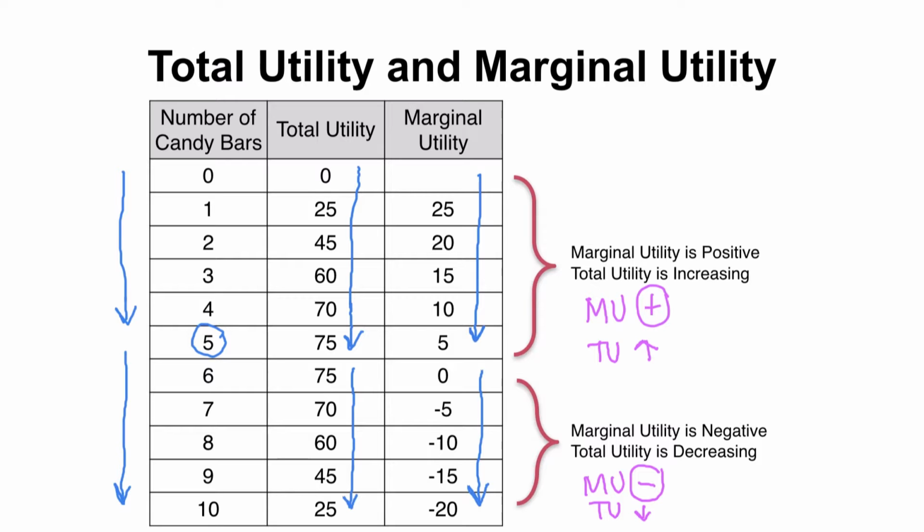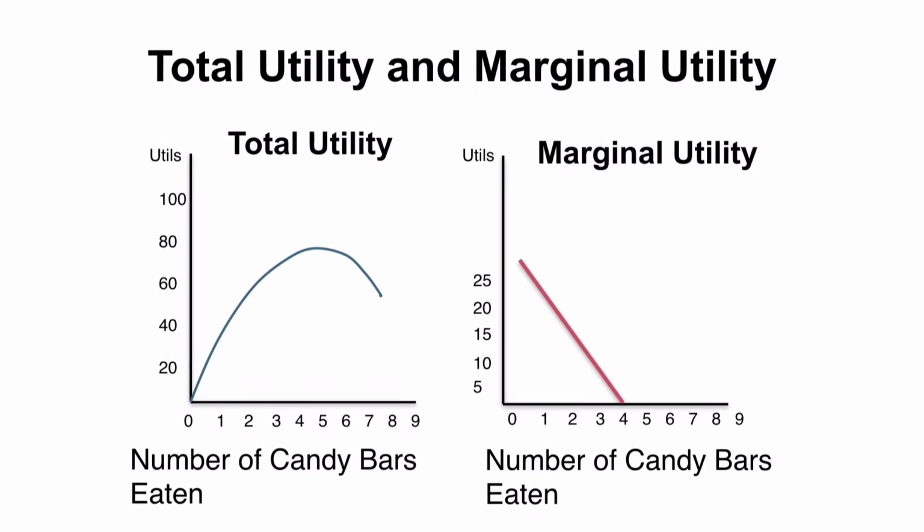From a graphical perspective, what this means is that as we eat more candy bars, our total satisfaction is positive, and it's going to be increasing up until the 5th candy bar. But then, after the 5th candy bar, we actually end up losing satisfaction, and though still positive, it begins to decline.